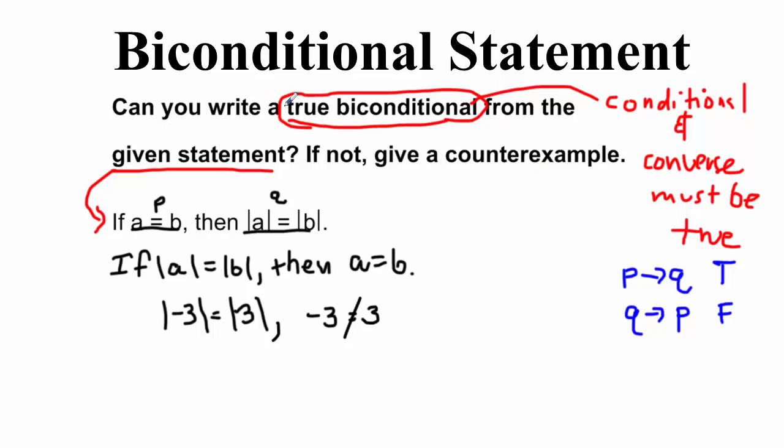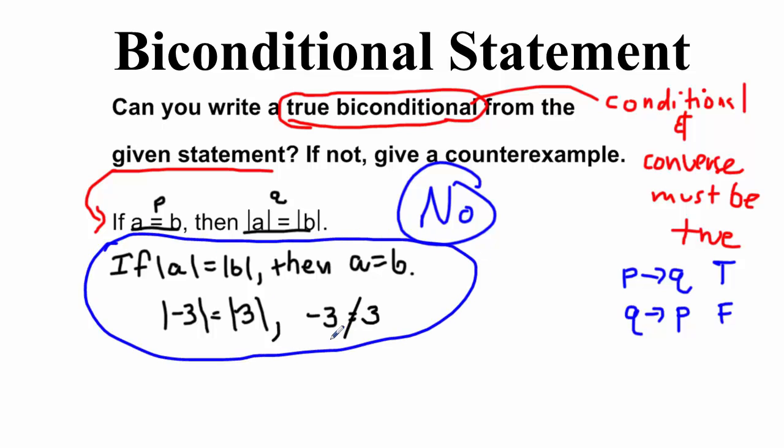In order for me to write a true biconditional, both the conditional and its converse have to be true. Since that is not the case, to answer this question, can you write a true biconditional? Well, no, I cannot do that. And then it said, if not, give a counterexample. Well, what I just wrote out is my counterexample, because a counterexample is an example that proves your conditional false.